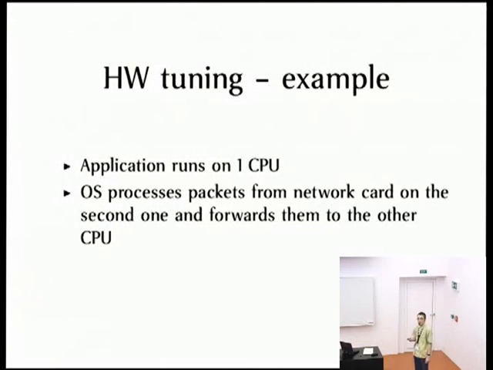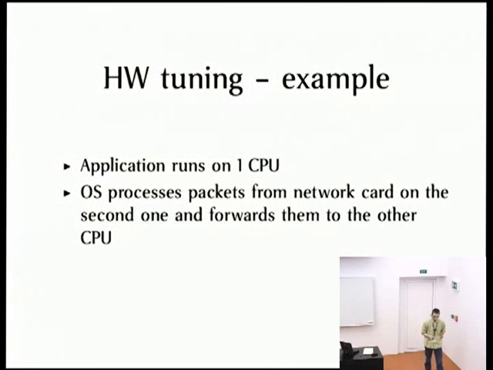But the operating system, to use the available power efficiently, uses the second CPU to load packets from the network card and process them on the second CPU, and then sends them to your application on the first CPU.